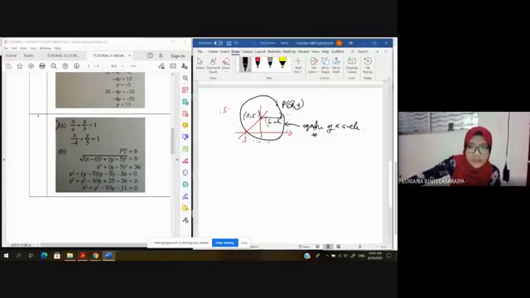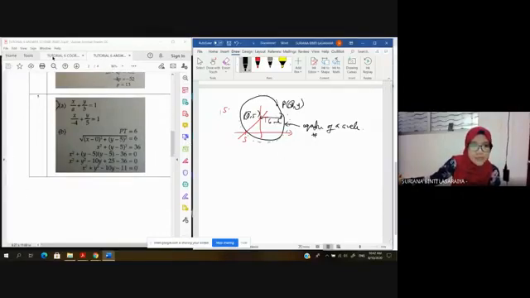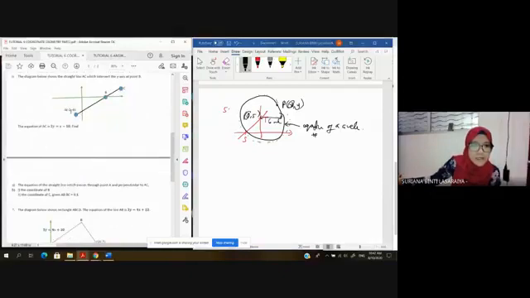So x minus 0 square plus y minus 5 square and square root. Ini adalah finding the length kan. Jarak radius tu because you are given the jarak, dia punya distance. So you just expand lah dia punya equation tu. Senang ba ni? Okay?